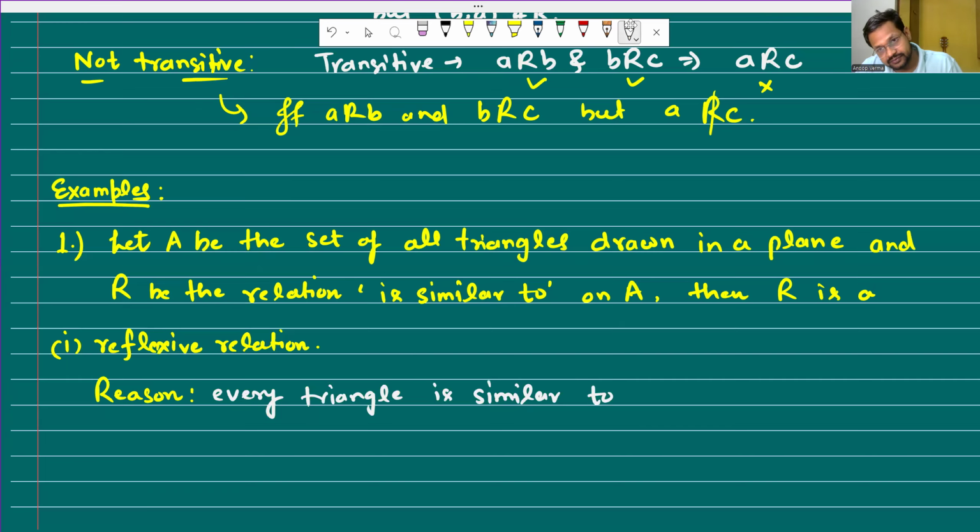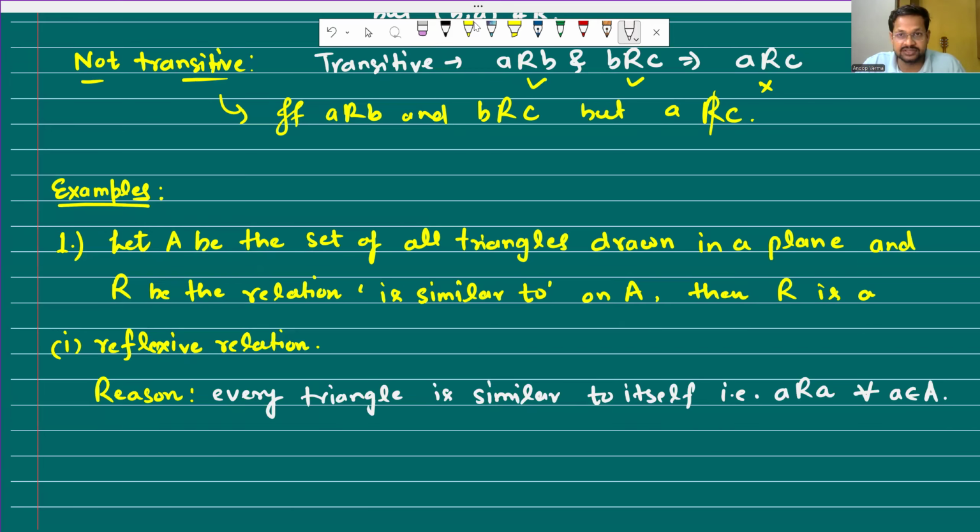So you can just say that A is related to A for all A in A. Clear?